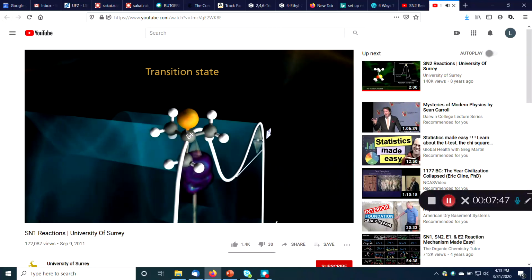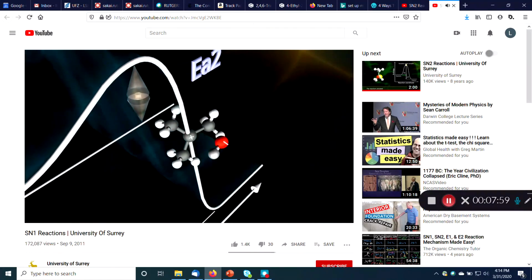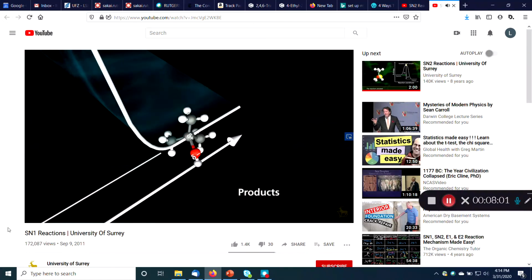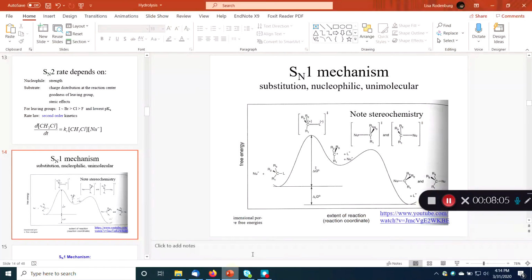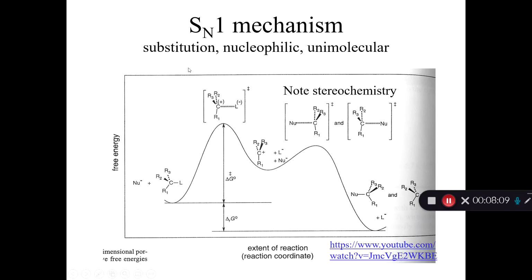So up the side of the hill, down a little hill, and then up to the EA2, which is less important, and then down the other side of the roller coaster. So good times.